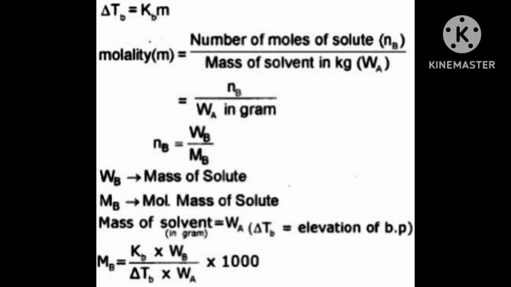P1 naught will be cancelled, then it will become 1, then 1 minus P1 divided by P1 naught. That is the relative lowering of vapor pressure. You can write it in this way also, and this is equal to N2 divided by N1. You can put the N2 value and N1 value. This is another way to express the lowering of vapor pressure.